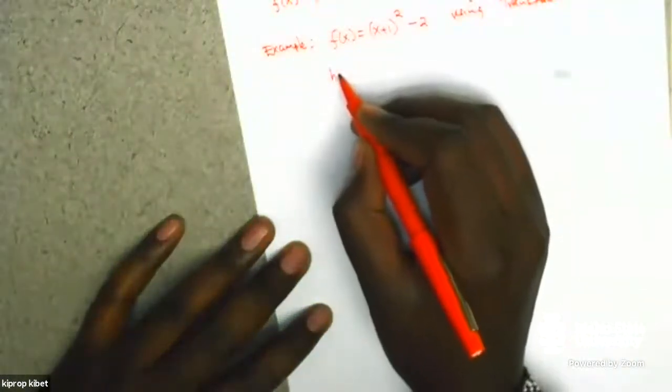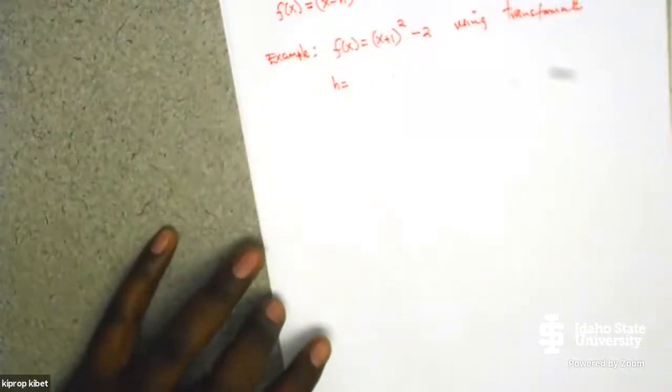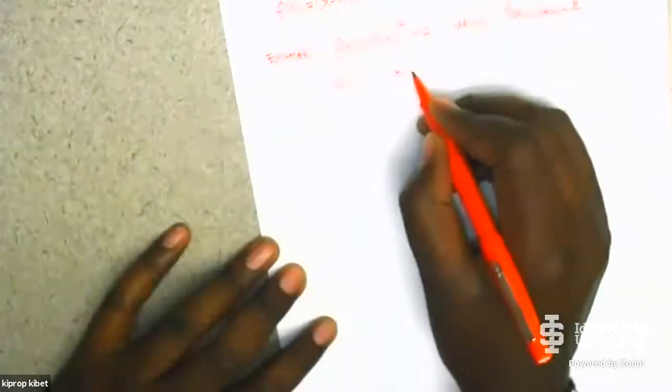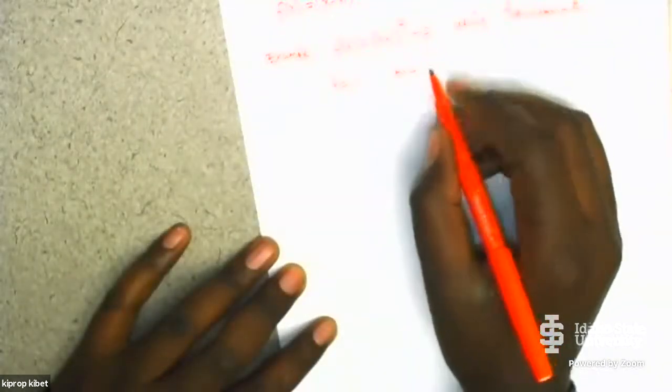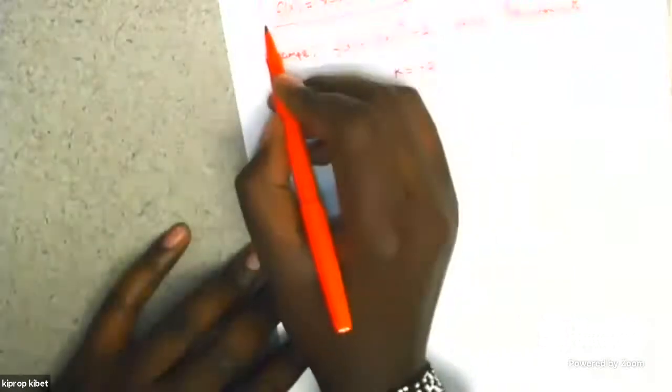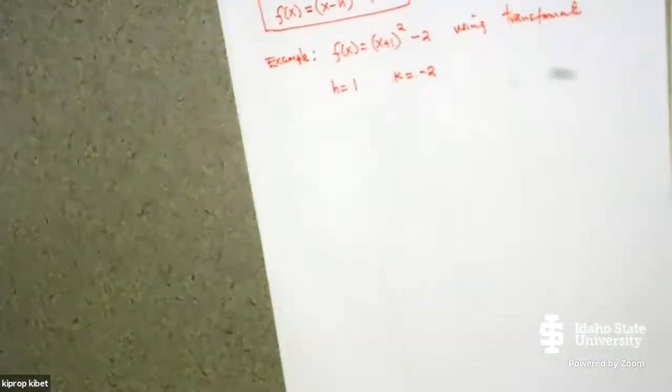Okay. So what is our h? Our h is 1. Yes. And what is our k? Our k is negative 2. Was h positive in the equation?